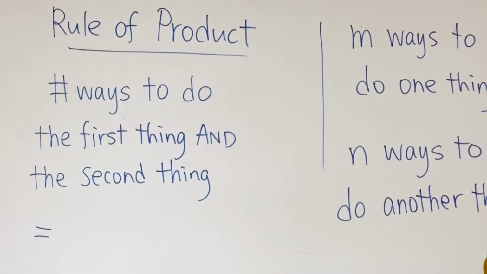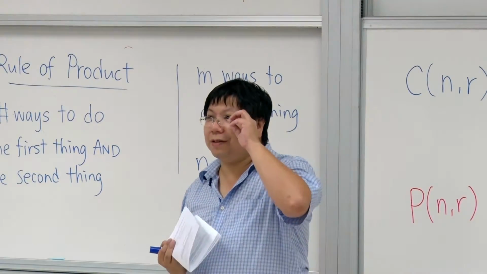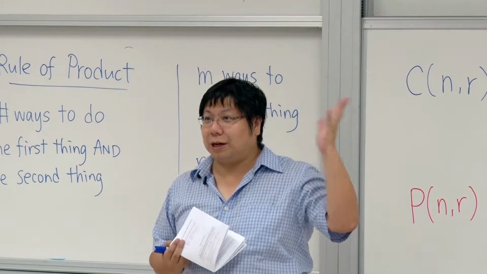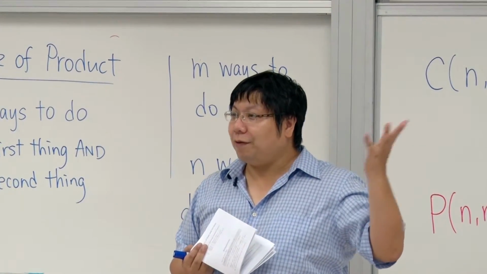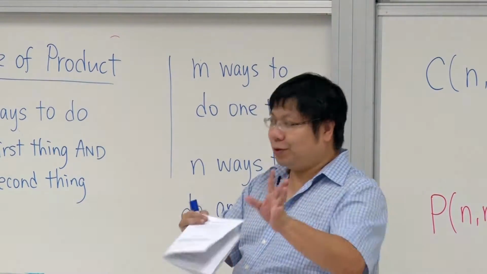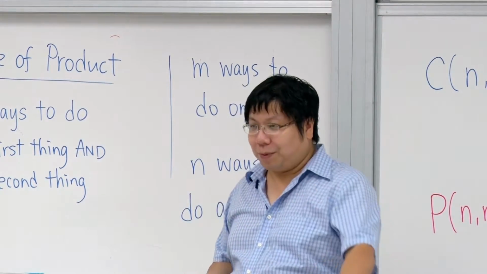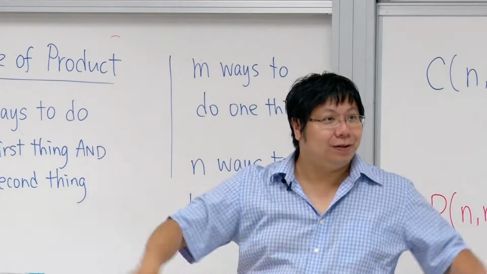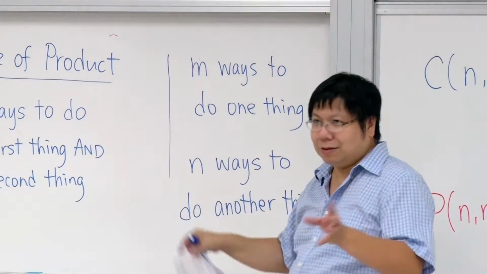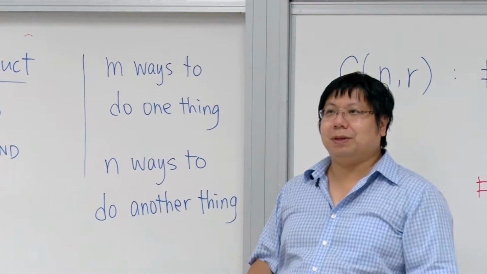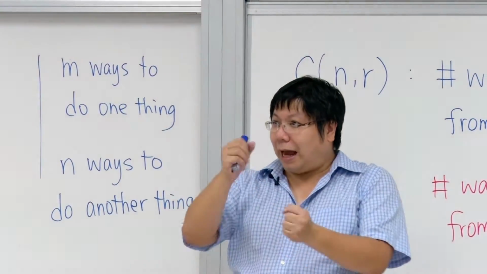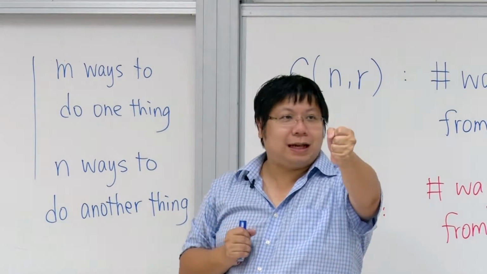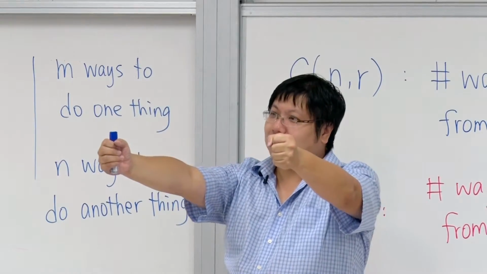Suppose that in McDonald's, let's say there are 7 different types of burgers. Let's say there are 5 types of drinks that you may choose. And then for each meal, I force you, you must select one of the burgers and one of the drinks. So this consists of a meal, okay? How many ways to have a meal? So each meal you must have one burger and then one drink, and you have to have both. So there are 7 ways to select the burgers and 5 ways to select the drink. So how many ways are there?